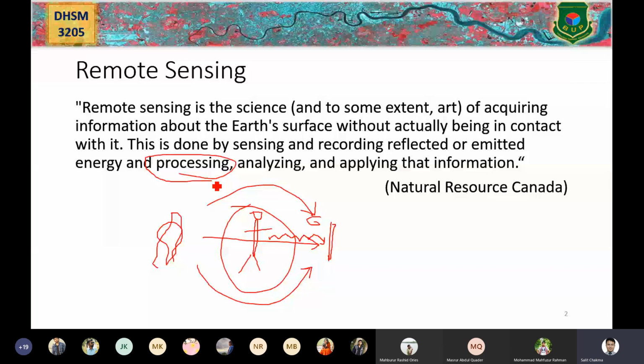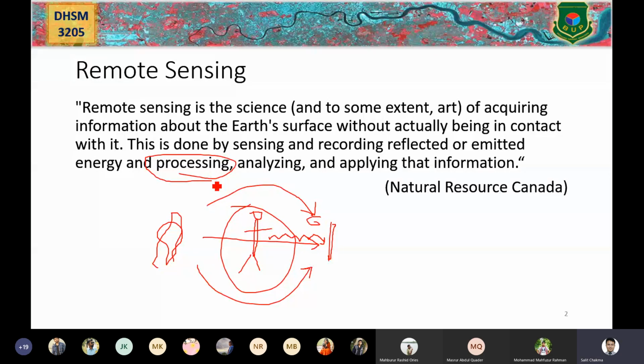So after analyzing that information, finally we apply in reality. Okay, so to summarize this slide, remote sensing is a science, and sometimes it's art, which senses or records information without being physically in touch with the surface of Earth.